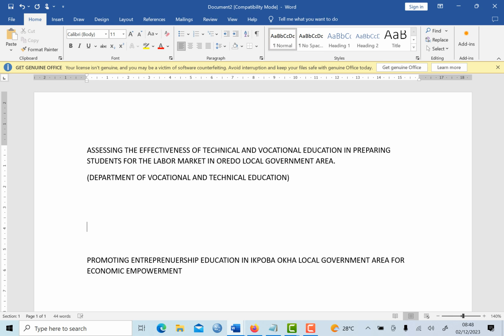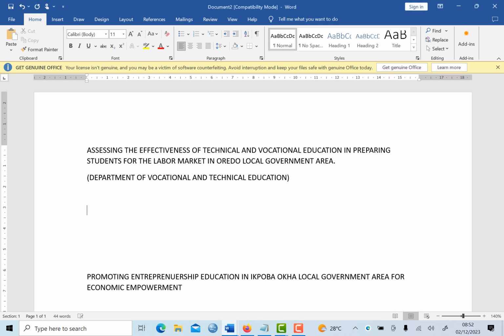So in this topic now, you first of all check the assessment factors. Am I communicating? So you identify the assessment factors. So in this case now, what is the dependent variable now?